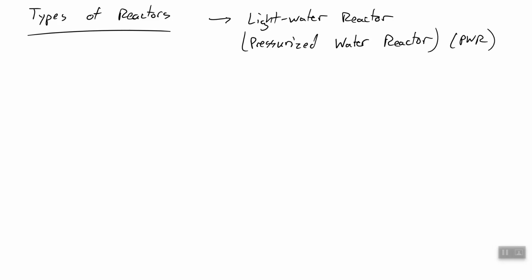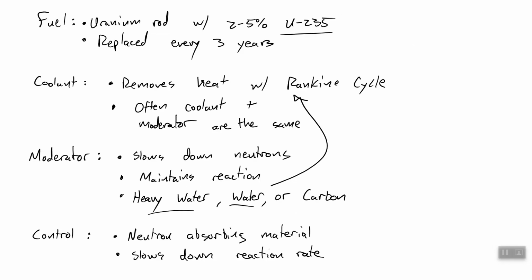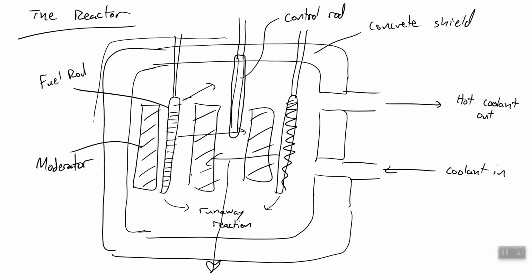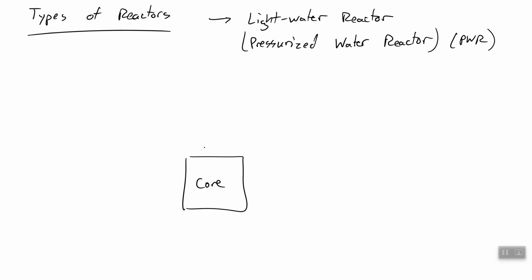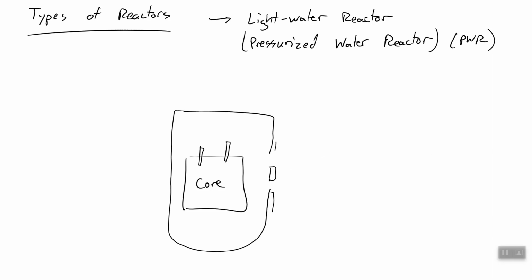Okay, so we have the core. The core is what I've drawn here. It's got the control rod sticking out. And then we've actually built around it a pressure vessel.